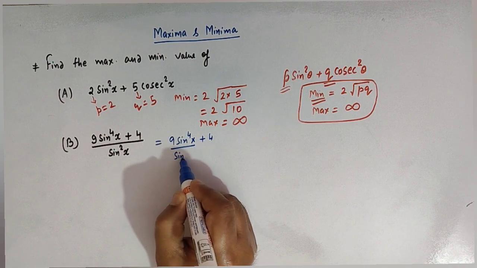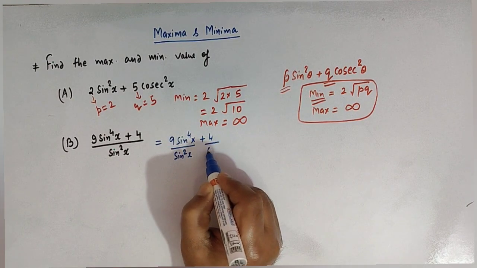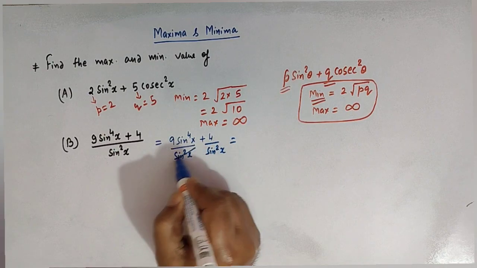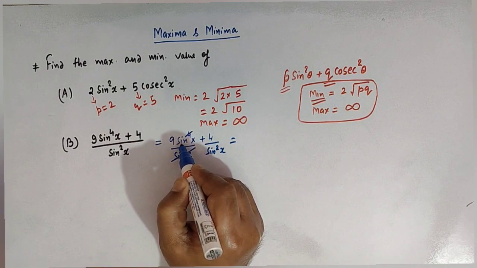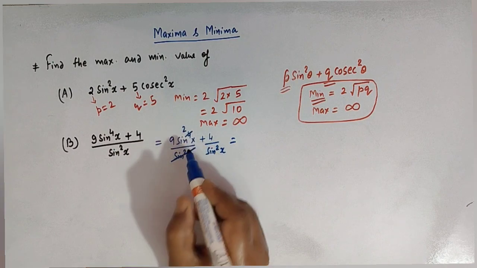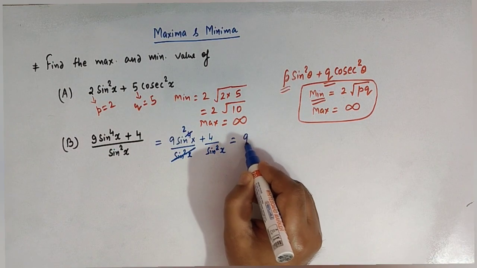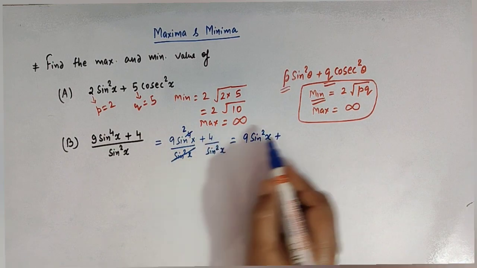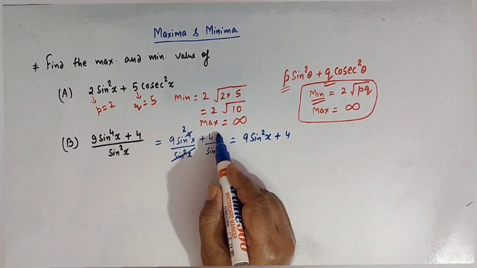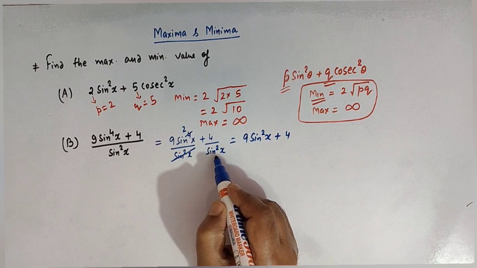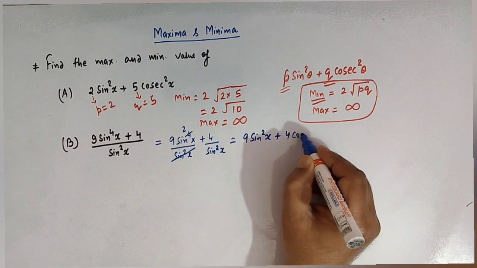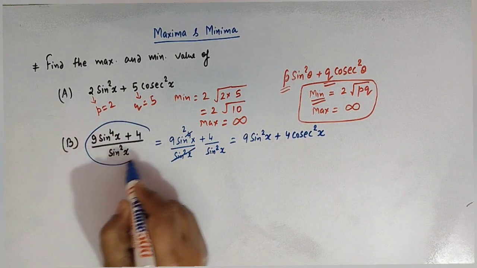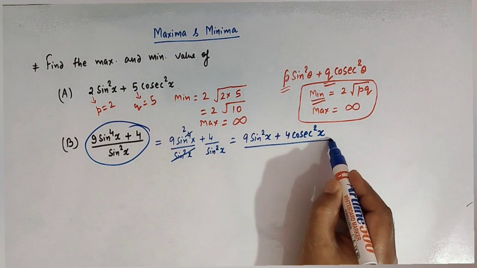So here we have sine square x and here we have sine square x, right? So this sine square x and this sine square x get cancelled, so we are left with 9 times sine square x, and here we have 4 times 1 over sine x, which is cosec x, so this is 4 cosec square x, right?